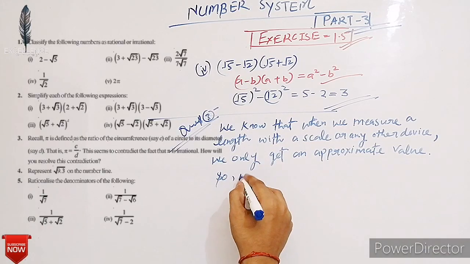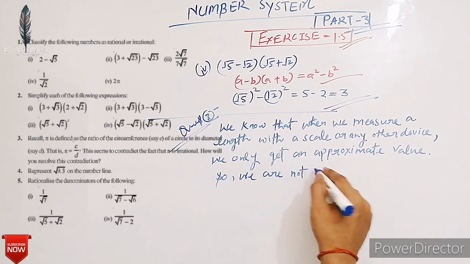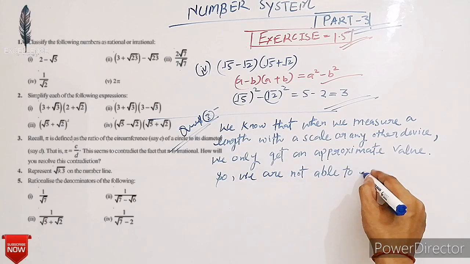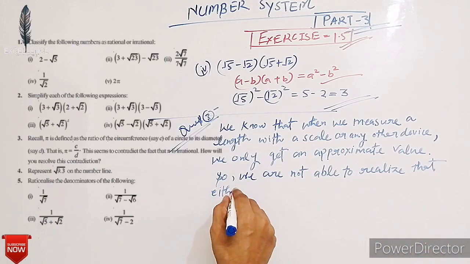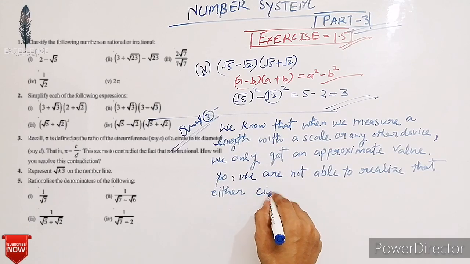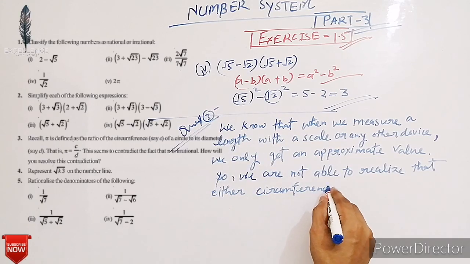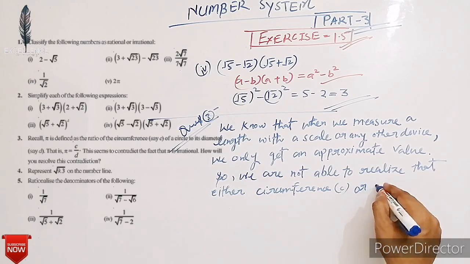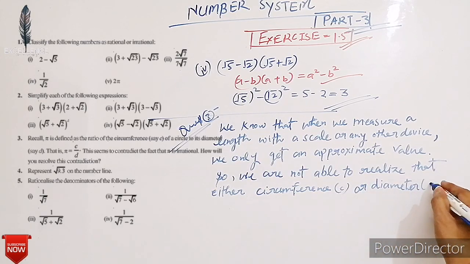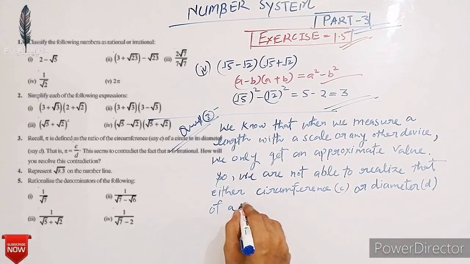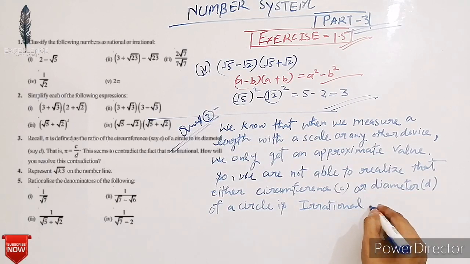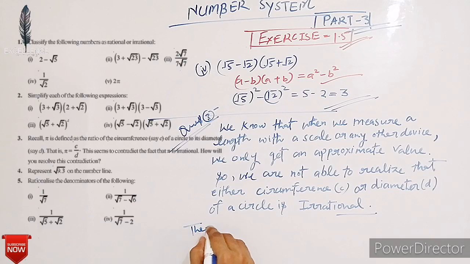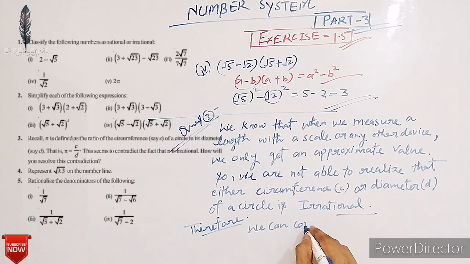So we are not able to realize that either circumference c or diameter d of a circle is irrational. We know that when we measure a length with a scale or any other device, we only get an approximate value, so we are not able to realize that either circumference or diameter of a circle is irrational.